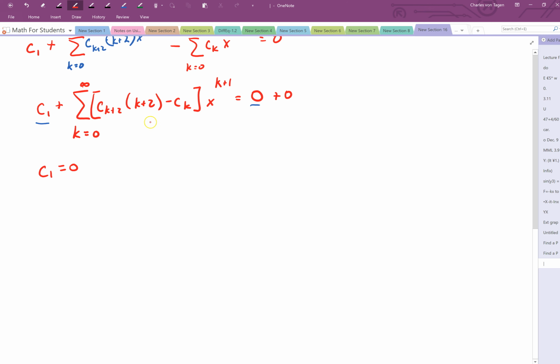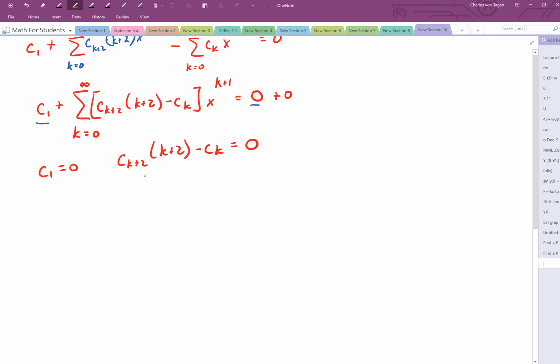The next one, this argument's a little bit strange. I say I've got a polynomial that takes on different values for x, but it's identically 0. Well, the only way that can happen is if all of the coefficients are 0. So then we set c of k plus 2 times k plus 2 minus c of k equal to 0.